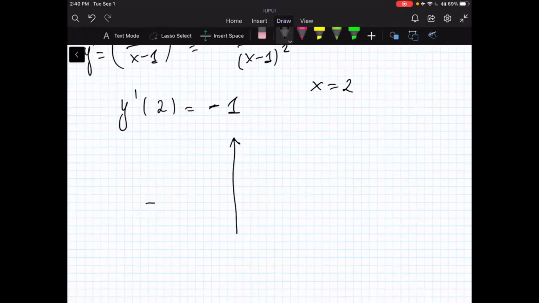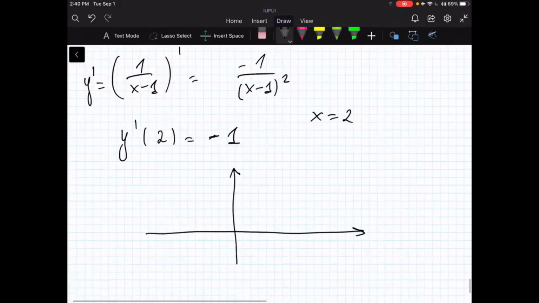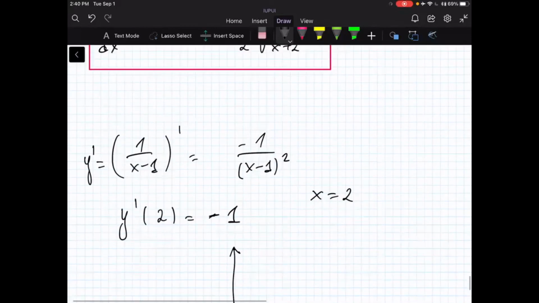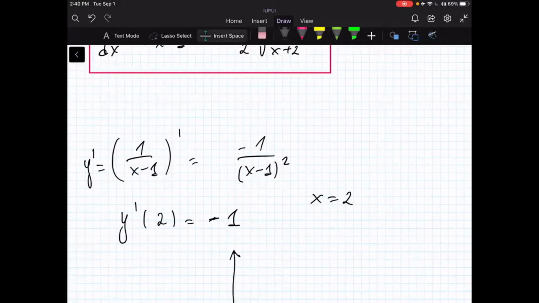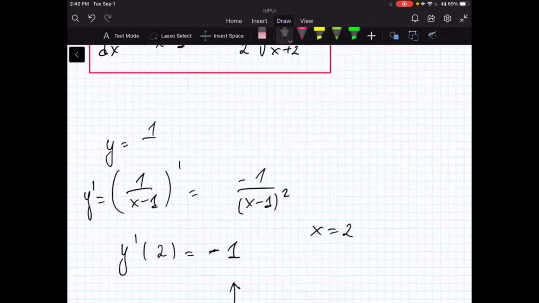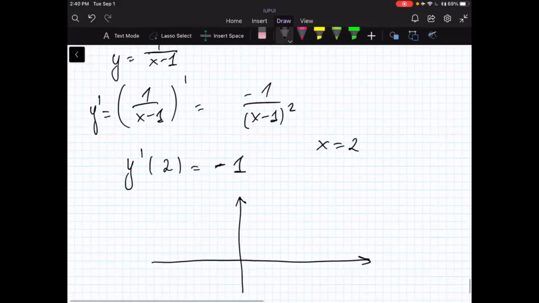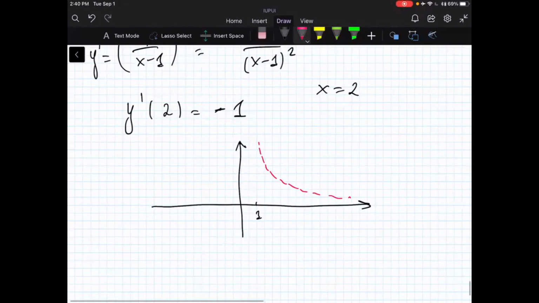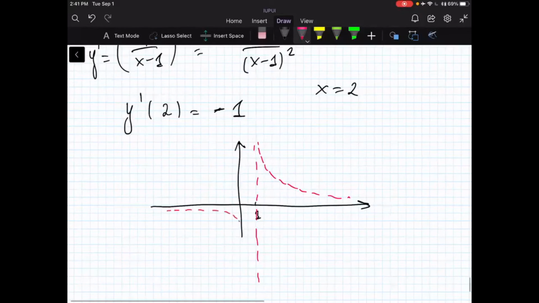So how can we see it on the picture? The function y equals 1 over x minus 1 is a hyperbola shifted by 1 to the right. So it is 1 here, and it looks like this. And so it has asymptotes. This is y equals 1 over x minus 1.